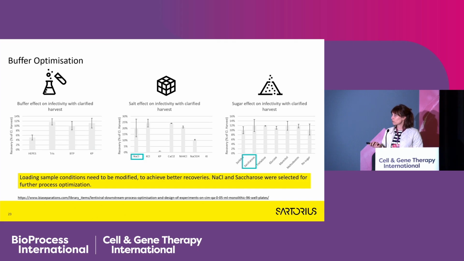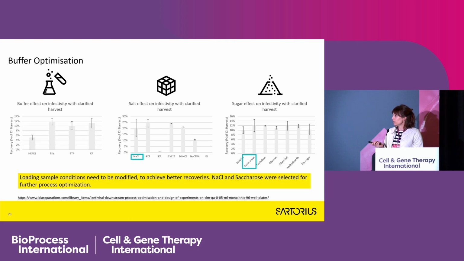We decided to continue with BTP for practical reasons. Then different salts were tested, and with the exception of 2 salts, all the rest were more or less the same. The salt was used especially for elution in this study, and we decided to continue with the well-known and quite cheap sodium chloride.